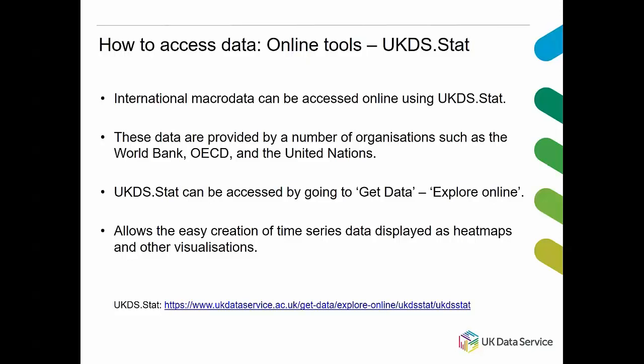This is a great software, and it also allows the creation of time series data displayed as heat maps and other quite useful visualizations. We do have a wide range of tutorials based specifically on UKDS Stat use, and you can use our home page to navigate to our tutorial pages, and you can find all the recordings there.